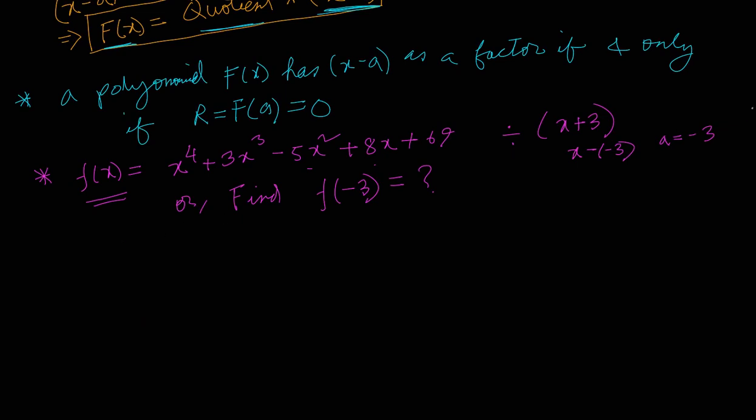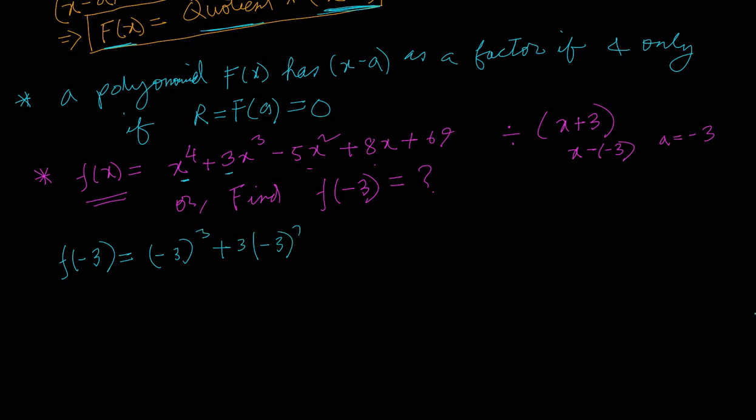So how am I going to find f(-3)? f(-3) equals, instead of x, I'm going to write -3.